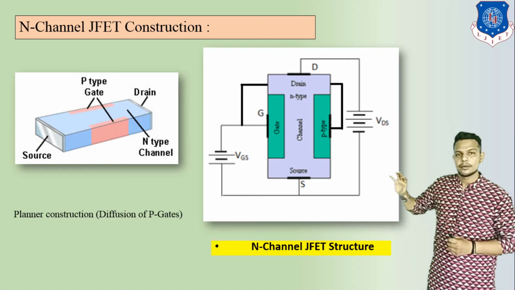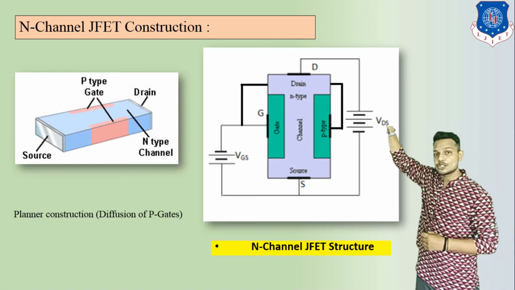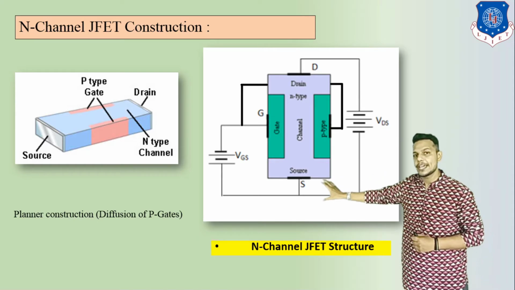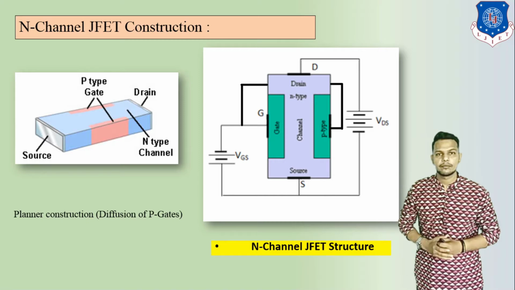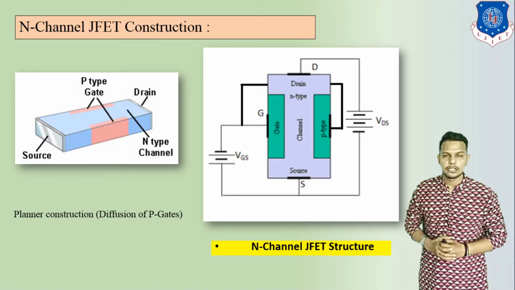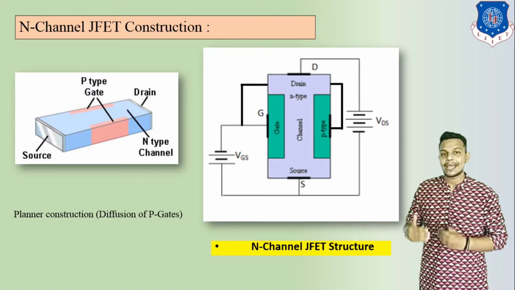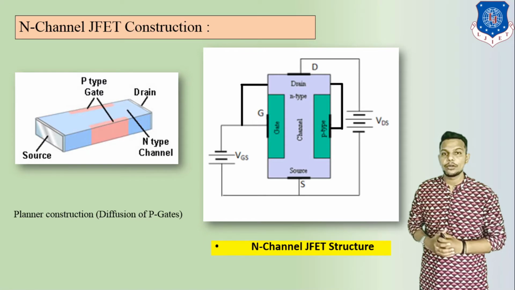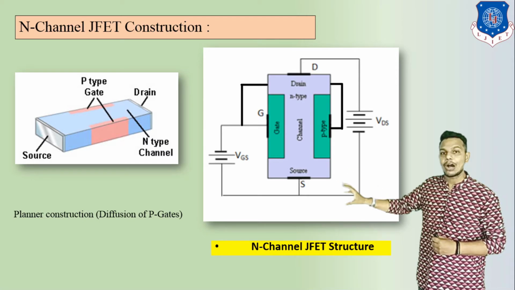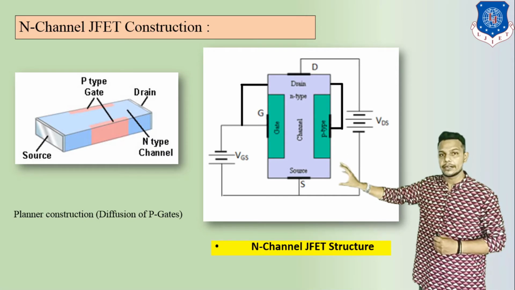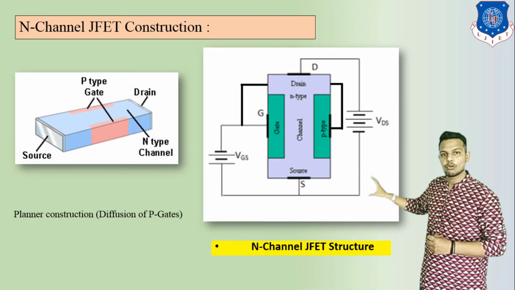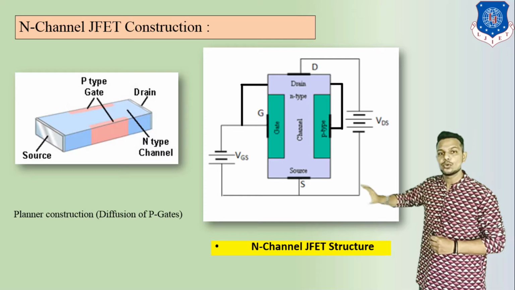So here we have to control this drain current ID through this VGS. That's why it is called a voltage controlled device. Remember this: FET is called a voltage controlled device because it controls the output current ID, the drain current, through VGS, the voltage at the gate to source terminal.